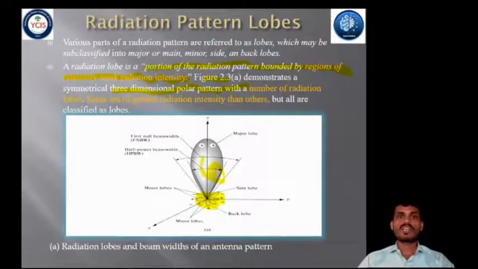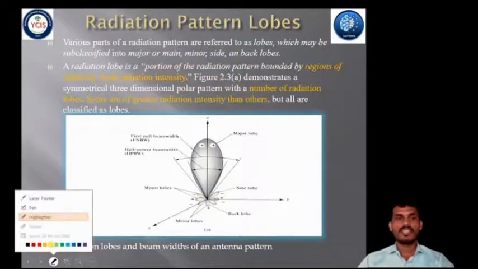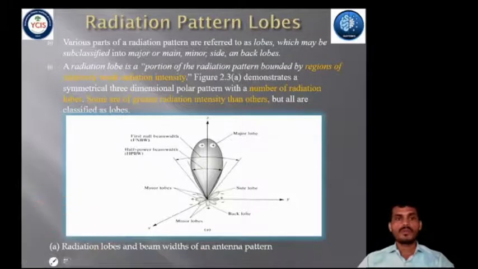Some of them have greater radiation intensity than others: the major lobe has greater radiation intensity, and these minor lobes have lower radiation intensity. But whatever the radiation intensity, these are all classified as lobes. So now we can discuss this one by one.